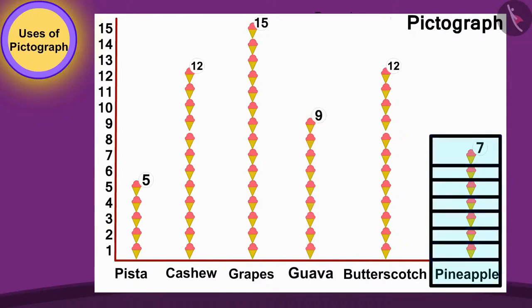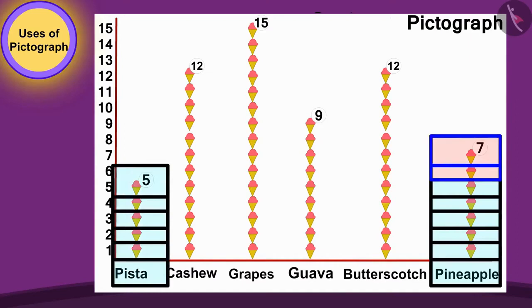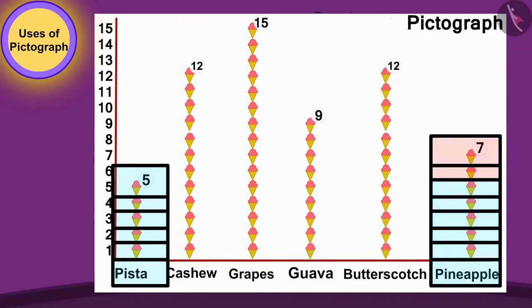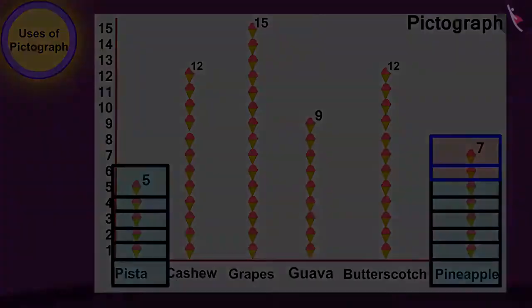And pineapple's line has 2 ice cream symbols more than pista ice cream's line. So, the difference between the number of people who like guava and pineapple and pista ice cream is 2.